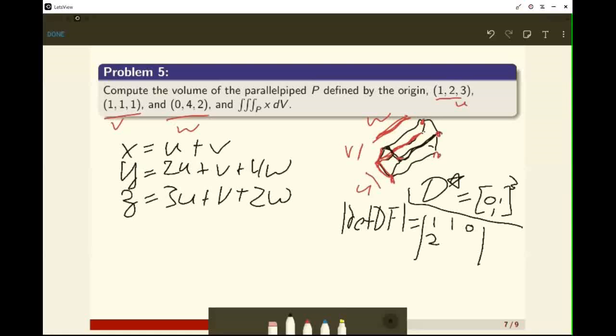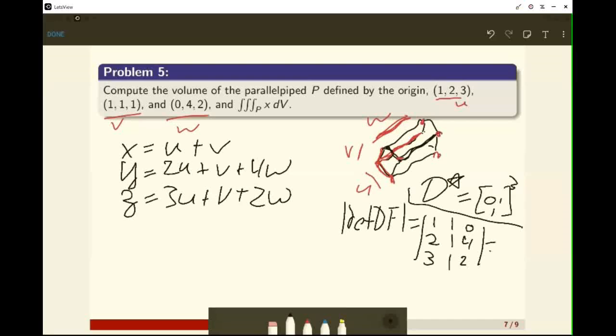We get 2 u's, 1 v, and 4 w's as the derivative for y, and 3, 1, 2 for z. And so we can see that this matrix actually has columns, these 3 points, which is what we constructed it to be, that the first coordinate is contributing factors of 1, 2, 3, that the second is contributing factors of 1, 1, 1, and the third of 0, 4, 2.